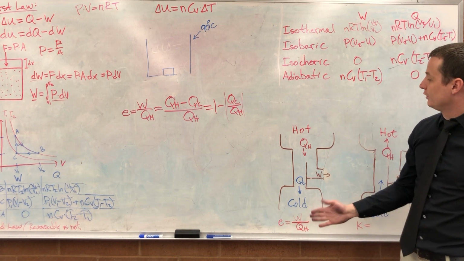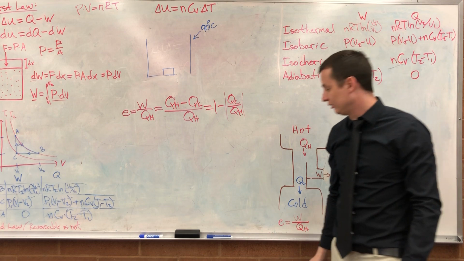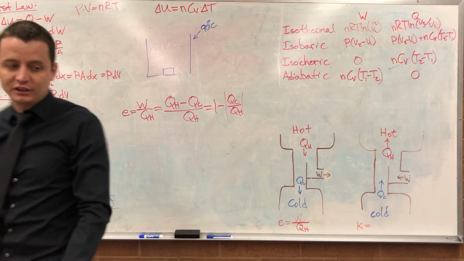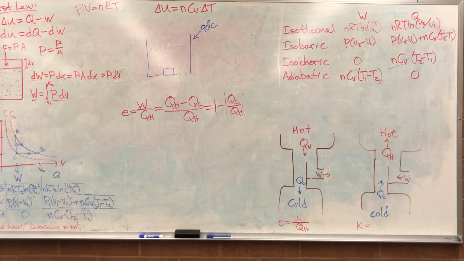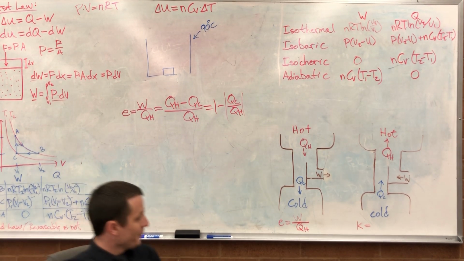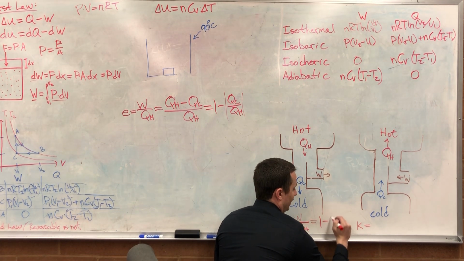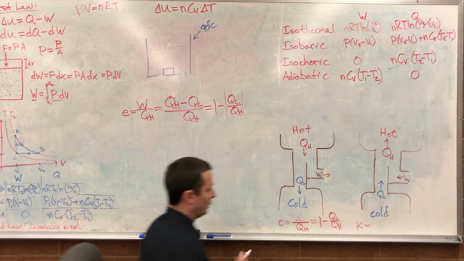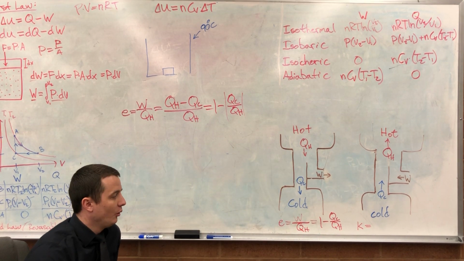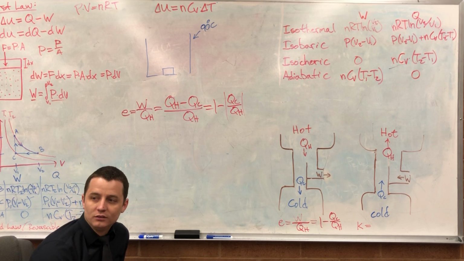I just want it to be understood QH is always going in, QC is going out when you're talking about a heat engine. I'm expecting you to infer things from context. The author is trying to make it so that you can just plug and chug without having to think. So this is also equal to 1 minus QC over QH. Two different ways we can write it. And so obviously the efficiency can't be more than 1.